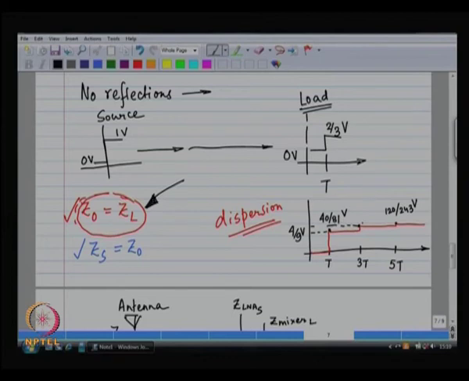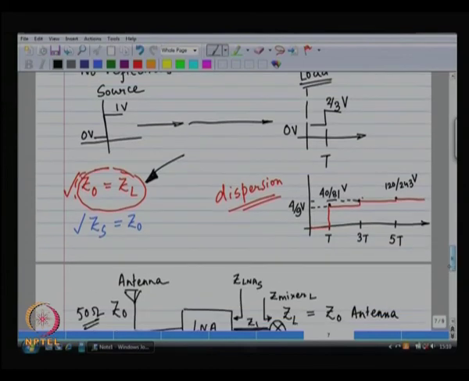So, this is the golden condition that you want, load impedance equal to the characteristic impedance. This is when there are no echoes. When there are echoes, these echoes kind of distort what you transmitted, and this phenomenon is called dispersion.